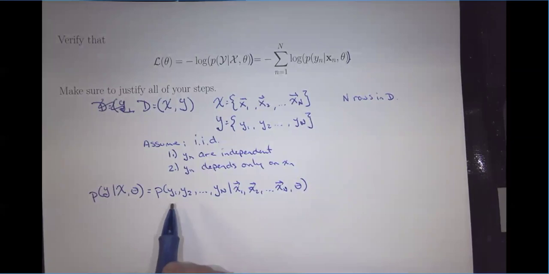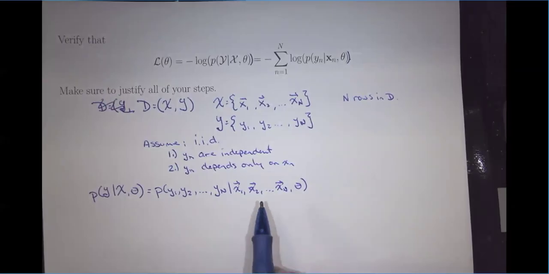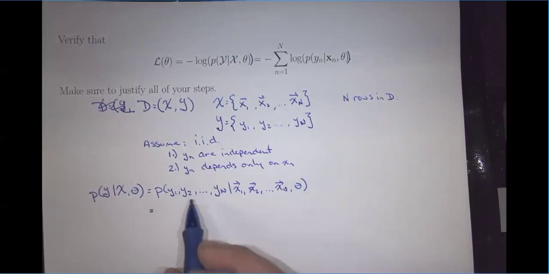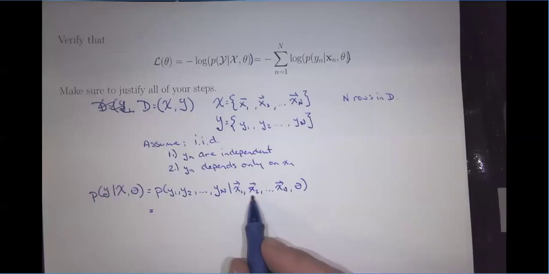Now, because these are independent, we can deal with each one of these y's separately and multiply the result. And because yn depends only on xn, then for any particular yi, the only dependence here is on xi, not x1 through xn.